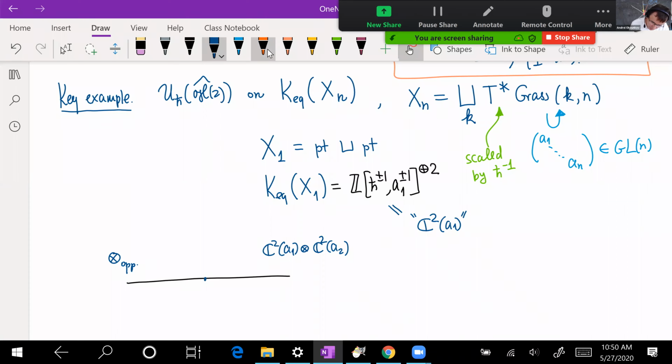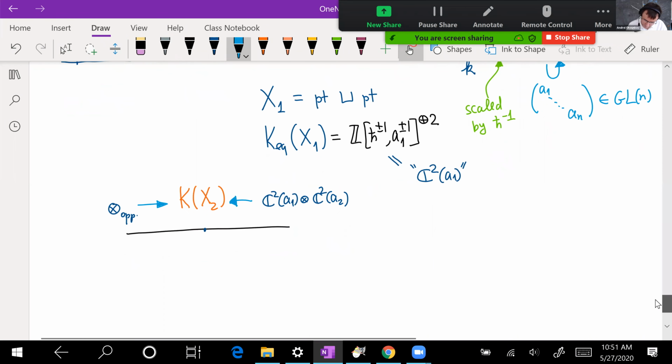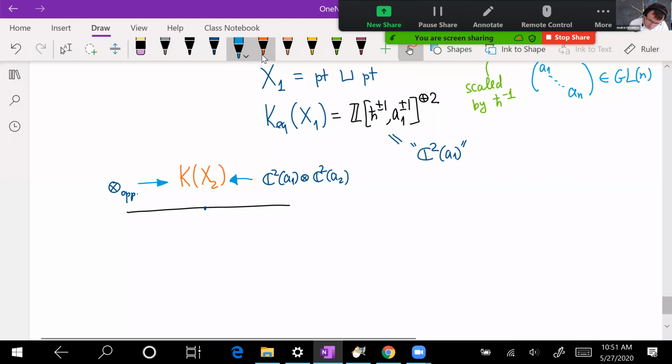They both have to go to the K-theory of X_2. So what is X_2?